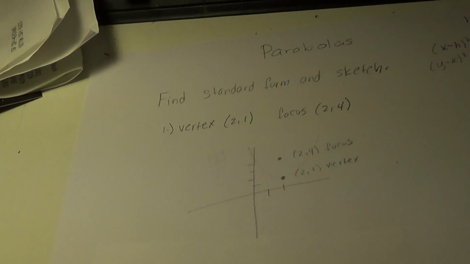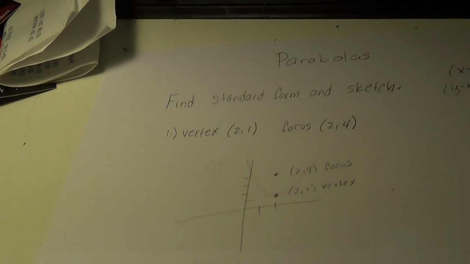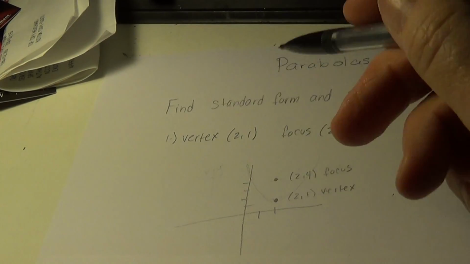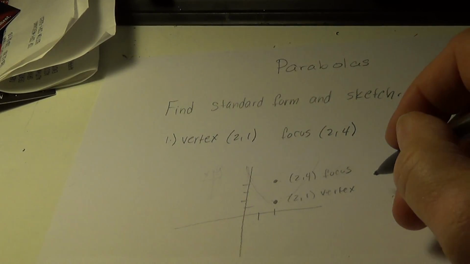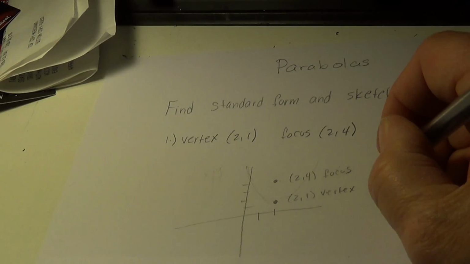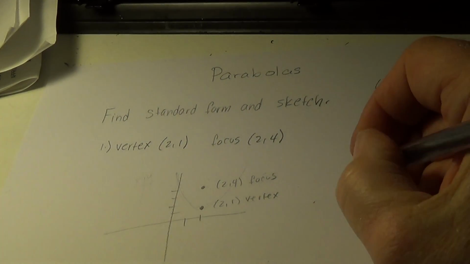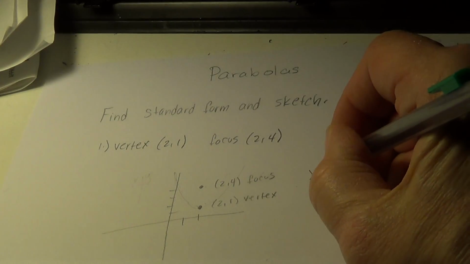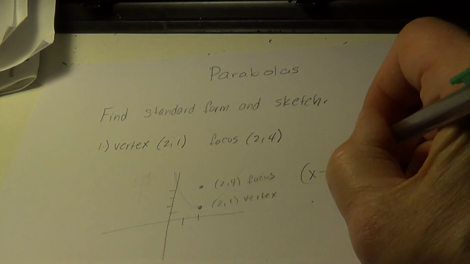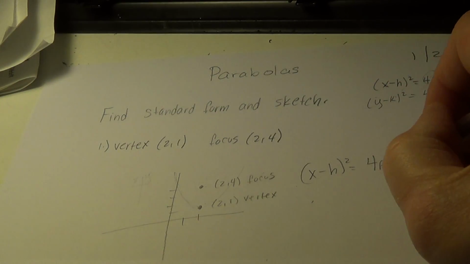Now I'm going to come up with standard form. I recognize this is going to be a vertical one that opens up. So I'm expecting to use (x minus h) quantity squared equals 4p(y minus k).